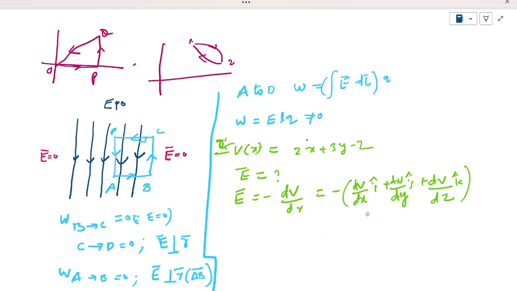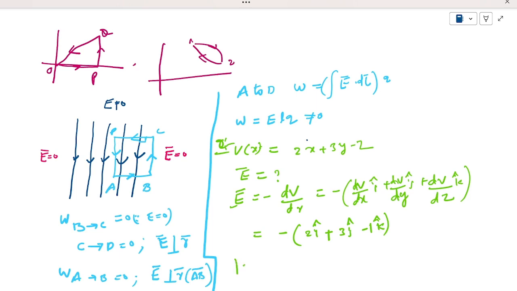Negative gradient of the potential is called the field. So differentiating V with respect to x, y and z, that equals minus of 2i cap plus 3j cap minus 1k cap. Differentiating the V function, I will get the E value.